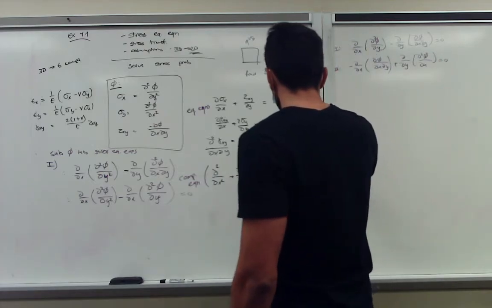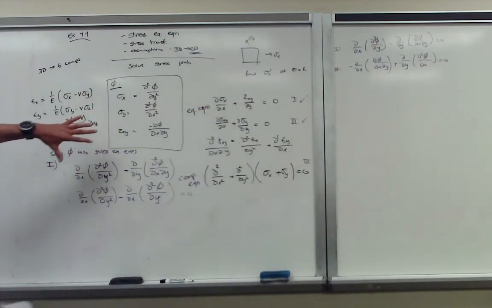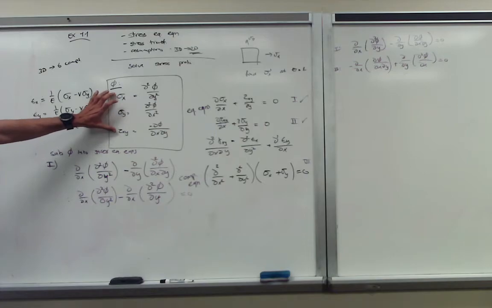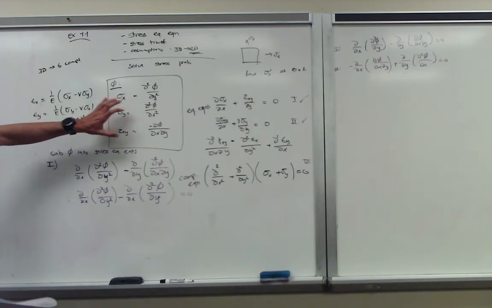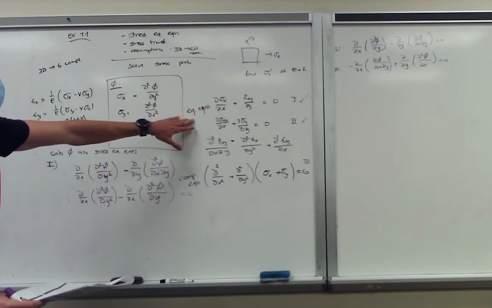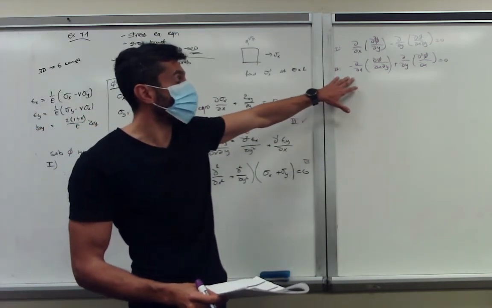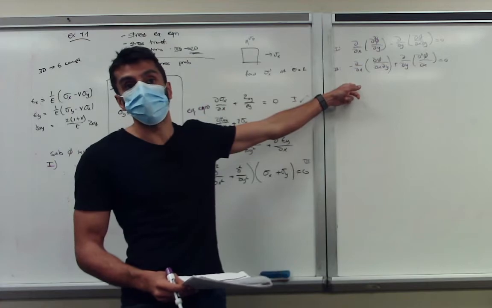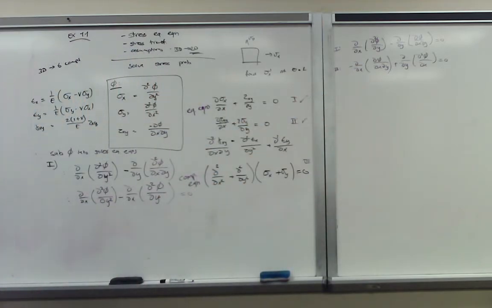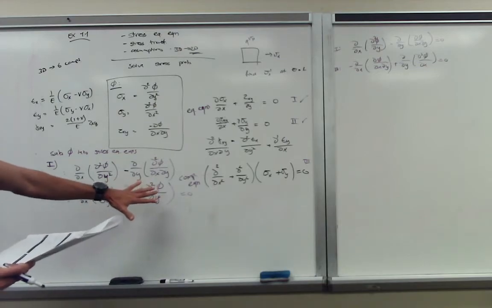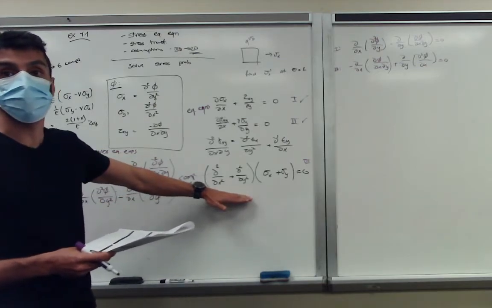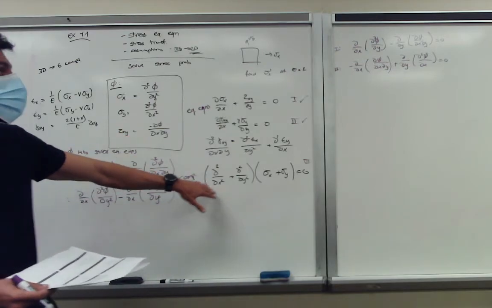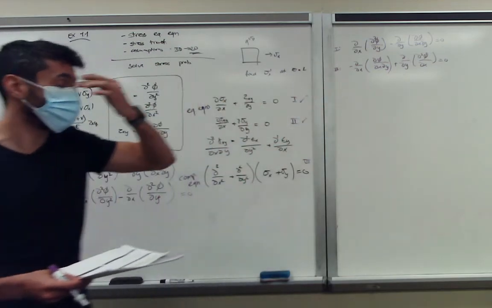And this one is also satisfied. So I started by saying I have a function phi that must satisfy these equations of this form, and if I plug it back into my stress equilibrium equations, I know regardless of which function I choose, as long as it satisfies these conditions, I've already automatically satisfied my stress equilibrium equations. And of course, a solution is only valid if we can also satisfy our compatibility equation. So we cannot have a solution of phi of such form that our compatibility is not satisfied, even though our two stress equations are satisfied.